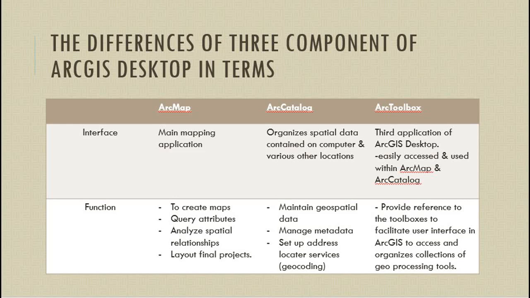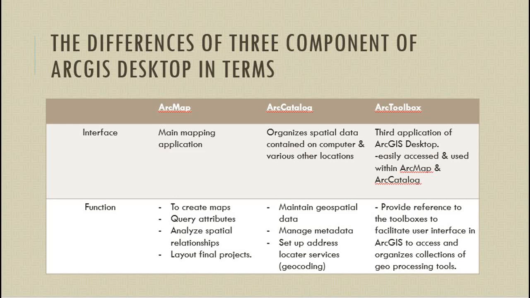As for ArcCatalog, for the interface, ArcCatalog organizes spatial data contained on the computer and various other locations. As for the functions, ArcCatalog maintains the geospatial data, manages metadata, and sets up address locator services or geocoding.